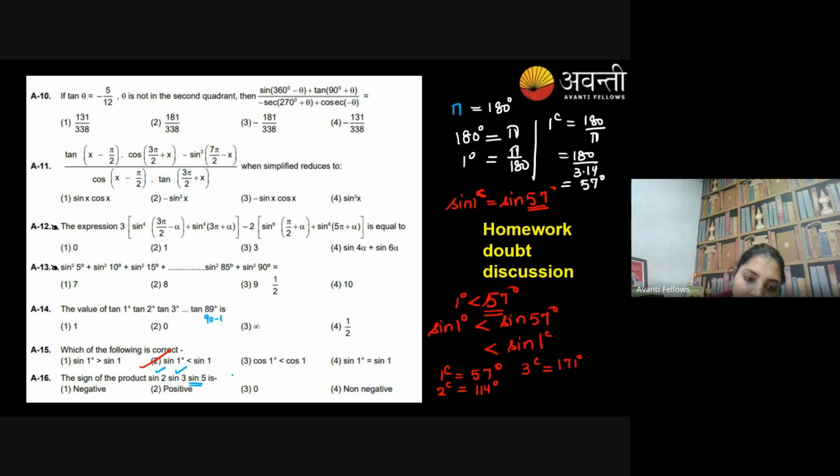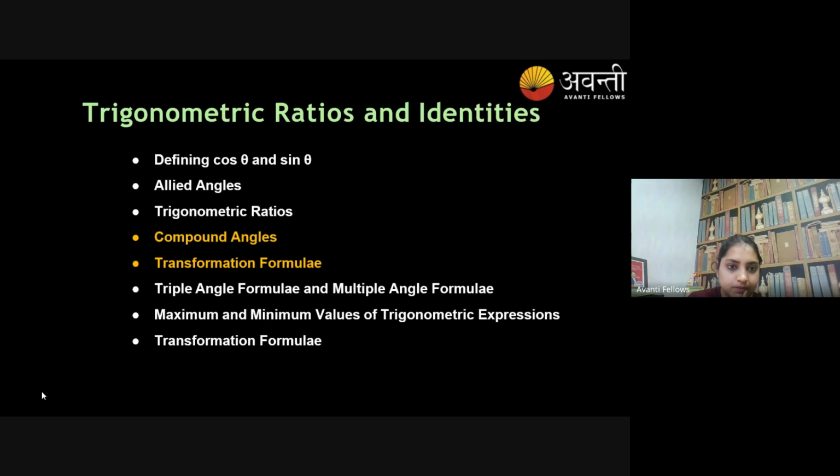So positive, positive, positive into negative will give you a negative sign. Option 1. Clear? Any doubt, any issue now? Can we move ahead?